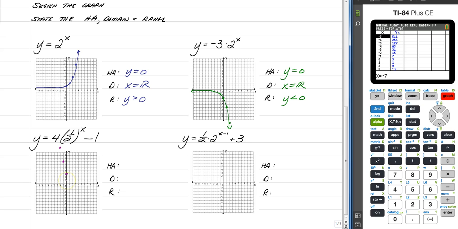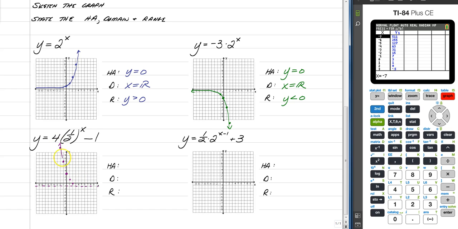So typically it crosses at 1, but you multiply it by 4, so now you're at 4, but you shifted down 1. That's how we get there. It's just using transformations. 1 brings us to 1, and 2 brings us to 0, and then it's just going to be a whole bunch of decimals, never hitting the horizontal asymptote of negative 1.